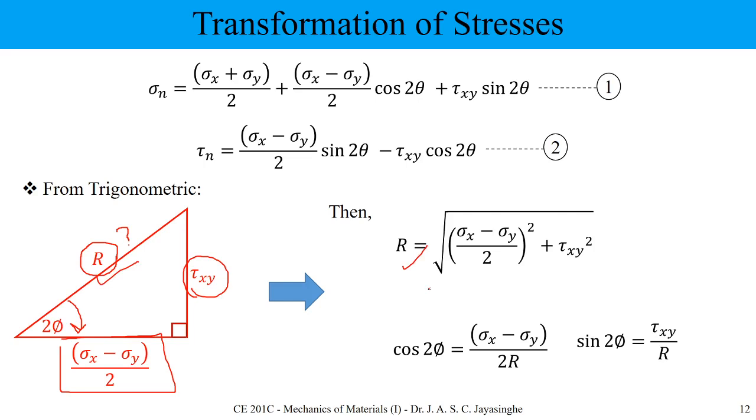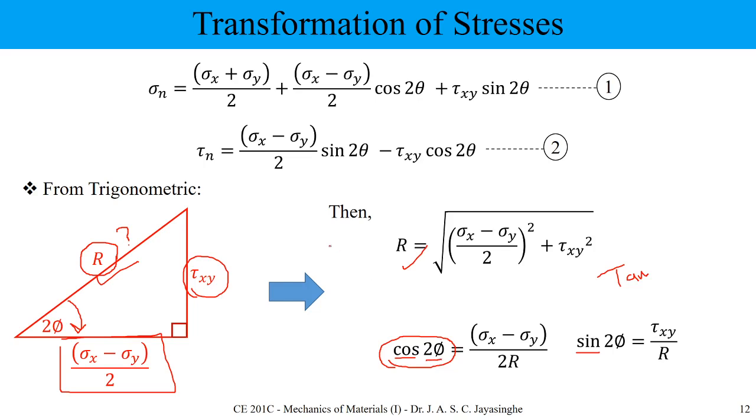So that is straightforward, and at the same time you can define this 2 phi by using sine, cos, or otherwise tan 2 phi. Okay, don't ask why I'm using 2 phi rather than phi, because there is a meaning. I will explain later why we are using 2 phi rather than this one.